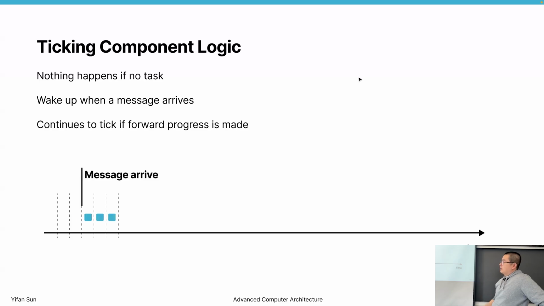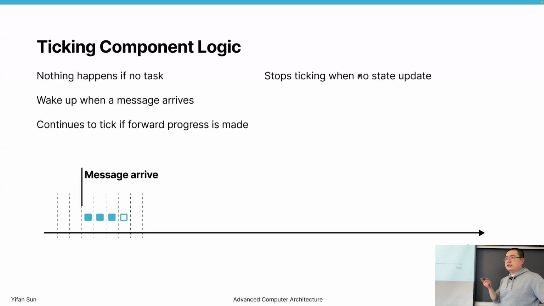Then we keep ticking, continuing to tick if it's making progress. We tick, tick, tick until at one point this tick returns false, saying it's not making progress. If it's not making progress, we don't really know the reason, but it cannot be more than 2 reasons: one is idle, one is congested, right? We don't really know the reason, and we don't care about the reason. So we just keep idling.